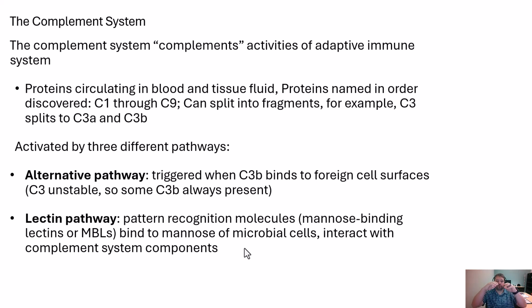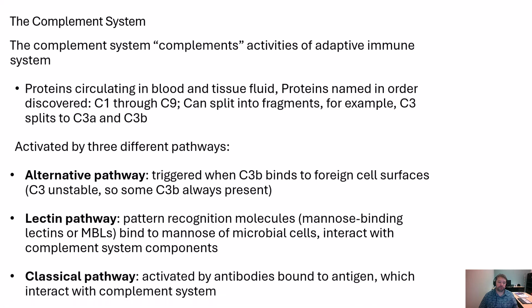The mannose of microbial cells allows lectin to bind to it, and when that happens, it triggers a complex and a response. Then the one that's probably the most familiar, and the one we often talk about the most, is the classic pathway, and this is what I've been hinting at throughout these different lectures.